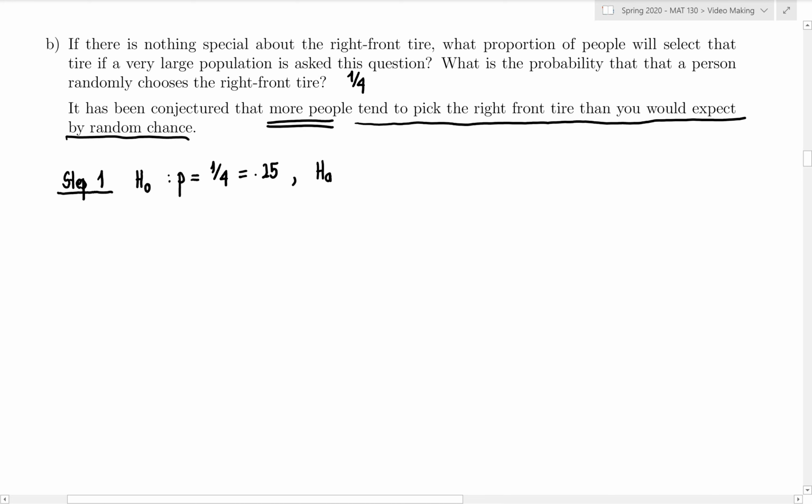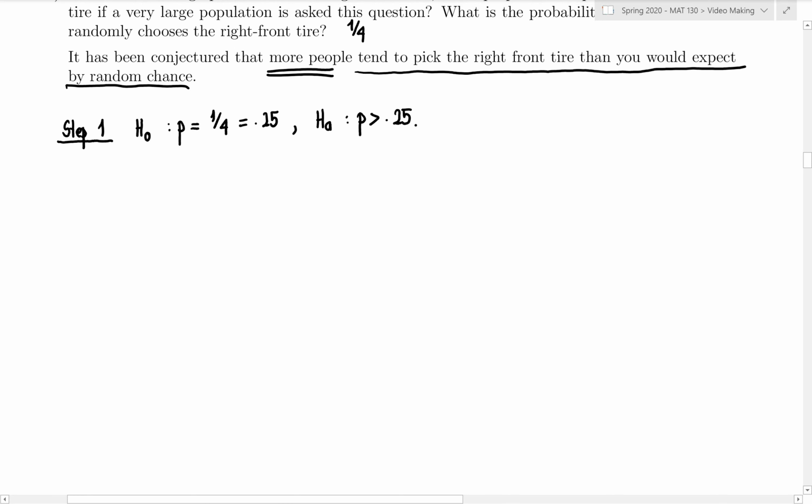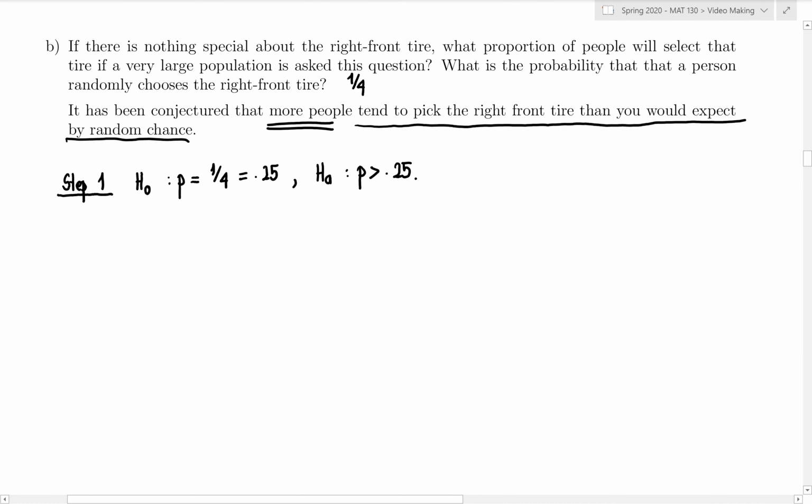So our alternative hypothesis, which we believe to be true, is p is bigger than 0.25, and it's upon us to find evidence to reject the null hypothesis in favor of the alternative hypothesis.